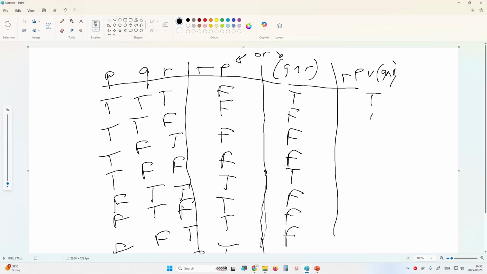False and false, it's false. False and false, that's false. False and false, another false. And then true, and then true, and then true, and then true. So the only time it's going to be false with the or is when both of them are false. And this is how we're going to be constructing truth tables.